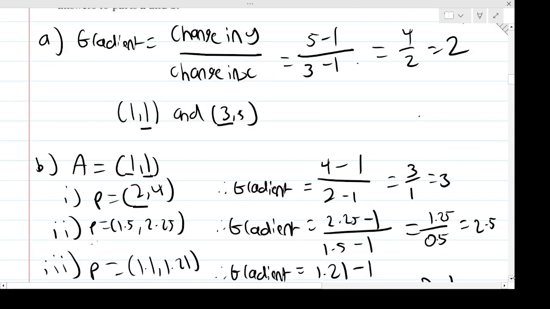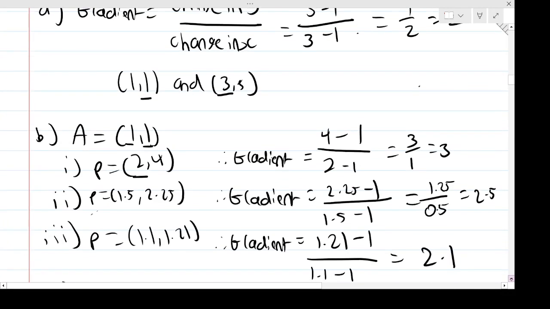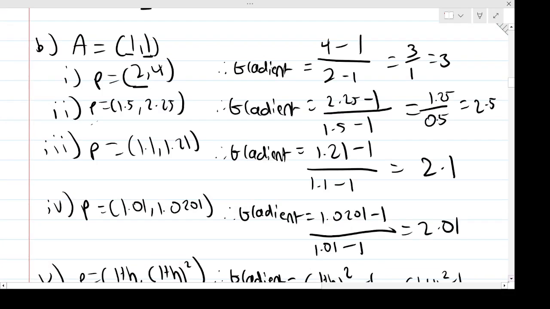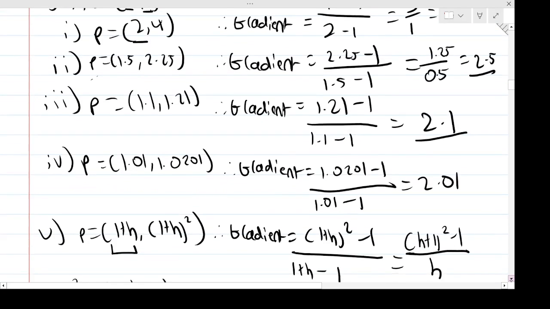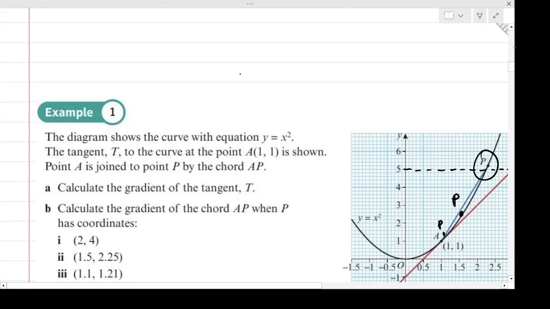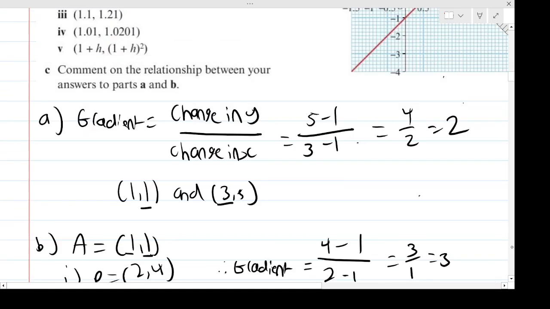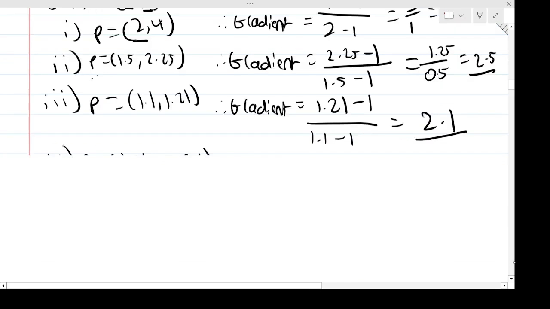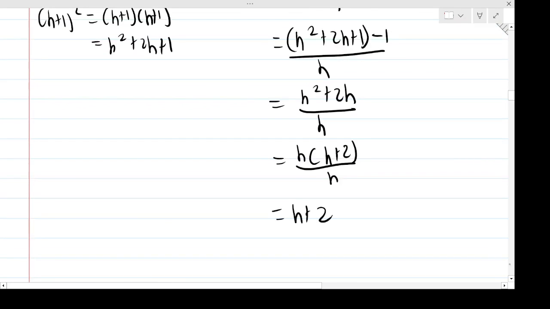But as we move P closer towards A on my graph, my gradients are getting closer and closer to 2. So as P gets closer to A, the gradient between A and P, if I draw the line, is basically matching the tangent, because the gradients are starting to equal. So that is my relationship for part C.